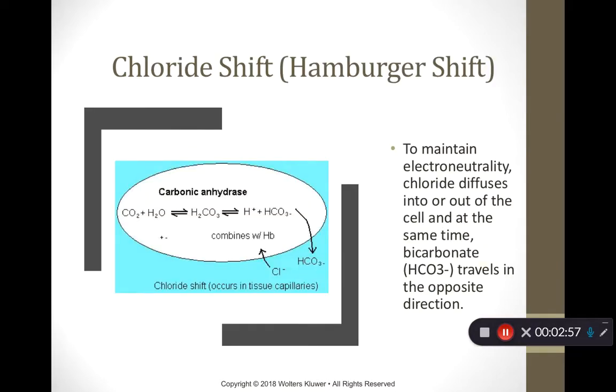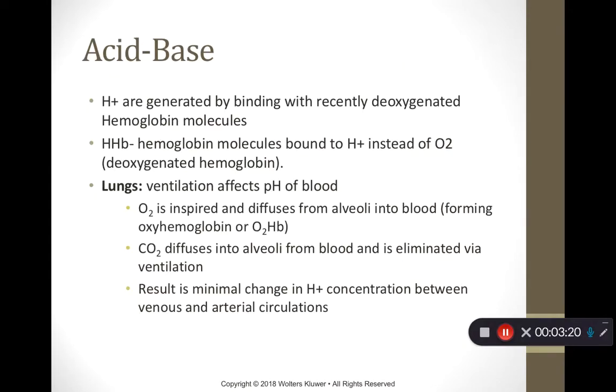So you have this right here. To maintain electroneutrality, in terms of the concentration of carbonic acid and bicarbonate, chloride will diffuse into the cells. And it usually does it at the same time as bicarbonate travels in the opposite direction.